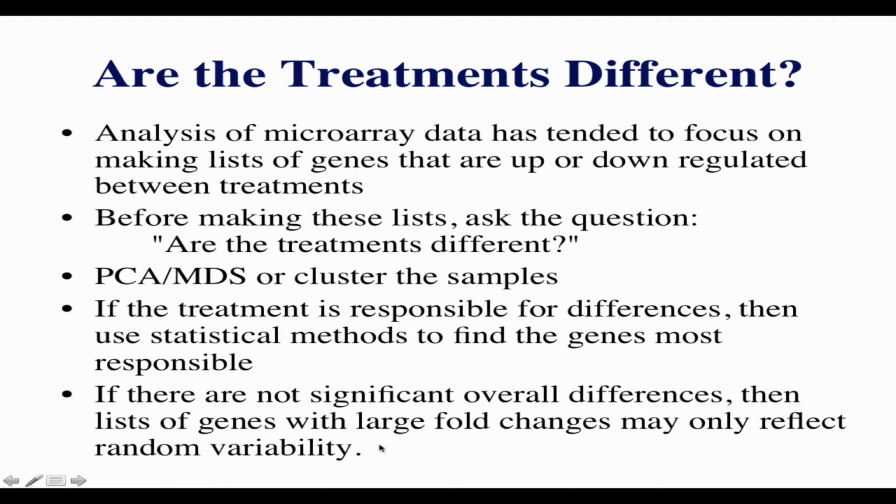If there are not significant overall differences, then you have to worry that the list of genes with larger fold changes may only reflect random variability and may not be reproducible if you did the experiment again. You would find a different list of genes. And if you did careful false discovery control, you might lose all of those differentially expressed genes. They may not exceed the multiple testing threshold.